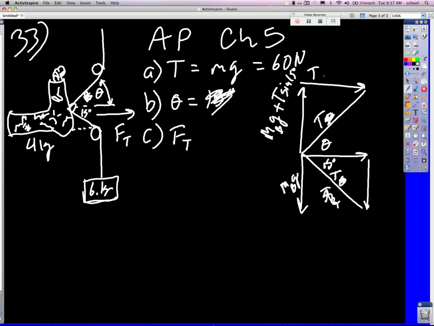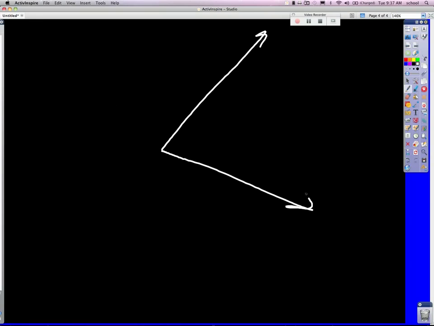Okay, like this. So this is mass of the boot times gravity. This is the tension, that's the tension. In order for this not to move, we have to get the vertical component of this up here, which is this, right? This vertical component has to match the mass of the boot times gravity plus this.